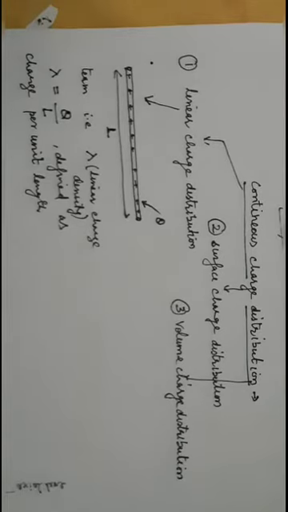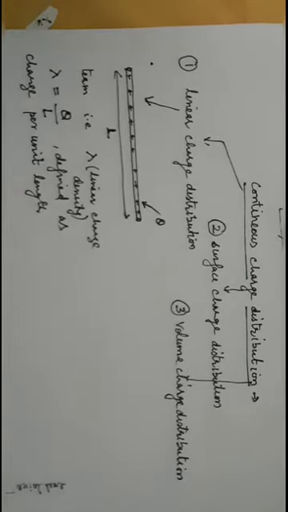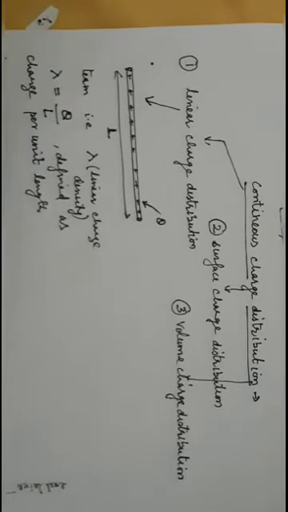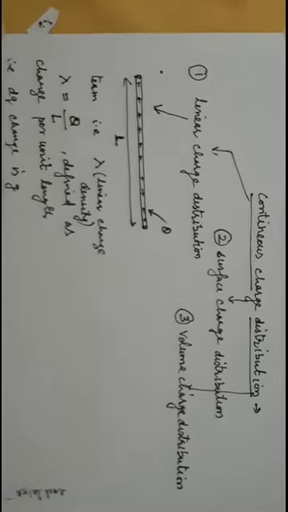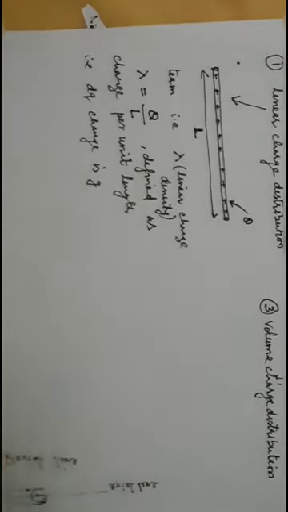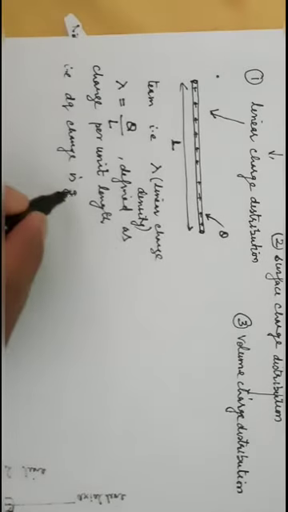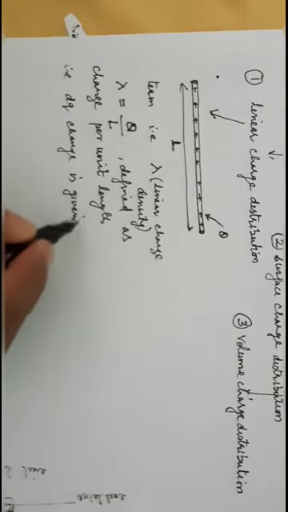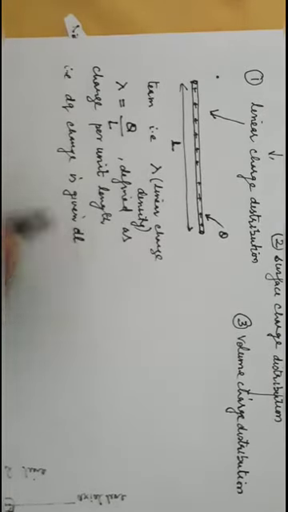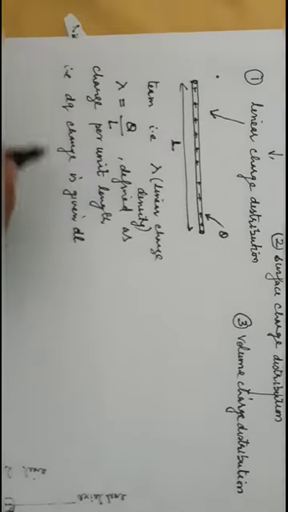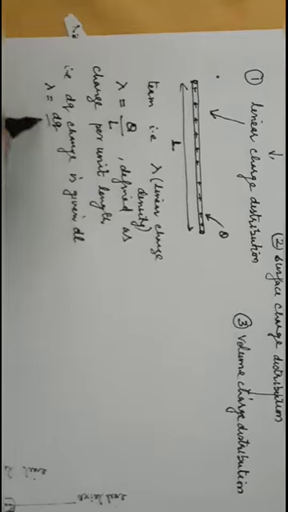Now, if a very small amount of charge dq is given to a very small length dl, then the linear charge density will be dq divided by dl.